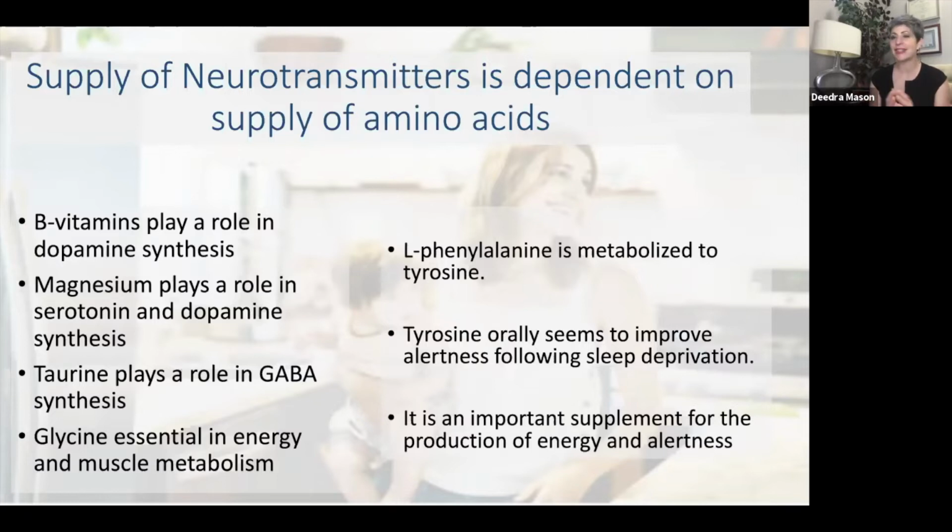All of this sounds like a whole lot of biochemistry, but the truth of the matter is it's a cascade that runs off of B vitamins, that runs off of amino acids. And when you're sufficient in these nutrients, B vitamins, magnesium, and amino acids, it can start to run like clockwork.